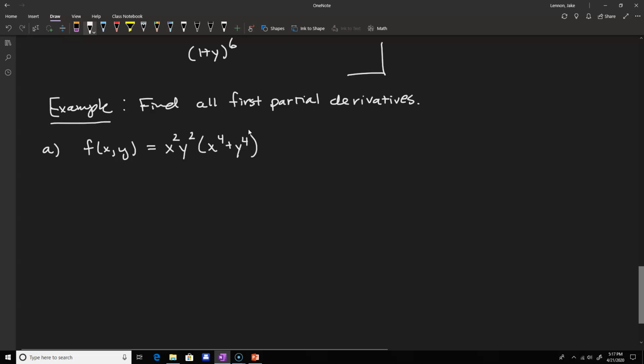Now, you could go ahead and do this problem as a chain rule problem if you want, but I think it's a bit easier to first rewrite the function. So let's expand the formula to simplify the process.